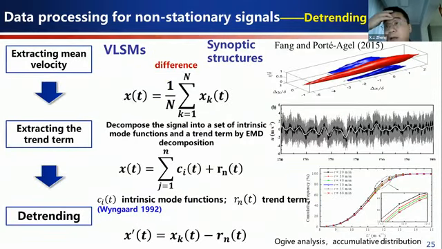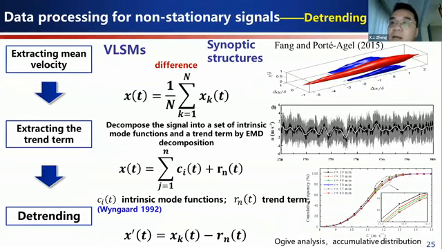So the first step is detrending. As we know, the VLSMs are slender structures with a span-wise scale of about 0.3 delta, while synoptic structures are global. By arranging multiple measuring points along the span-wise direction and averaging the wind velocity data at all measuring points, the mean fluctuations reflecting synoptic events can be obtained.